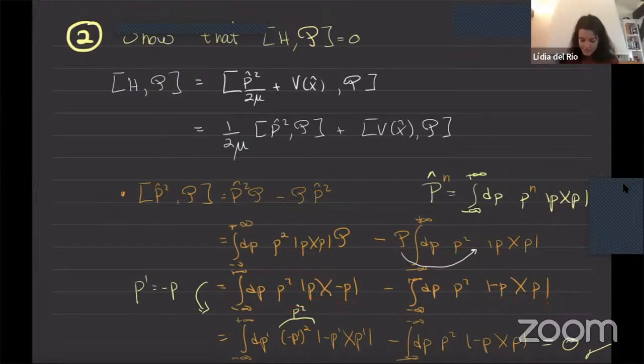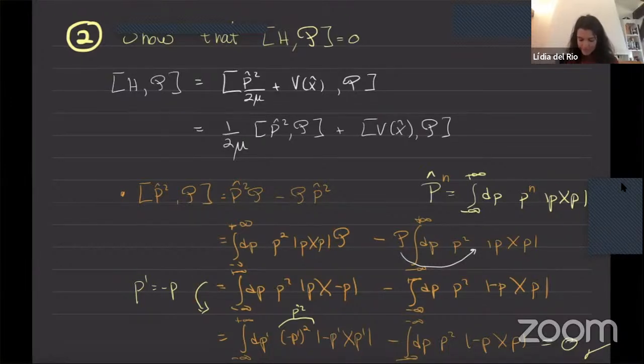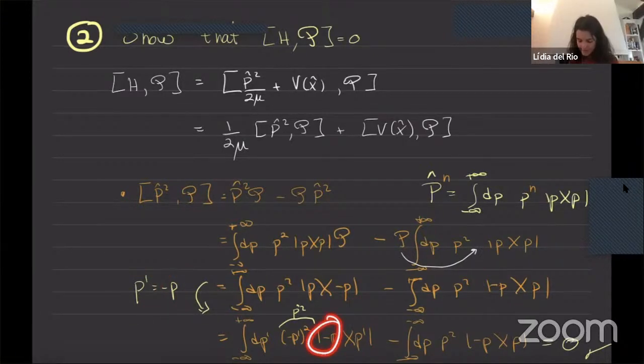So we do the same change of variable as before so that we can more directly compare the two. So we get p prime is minus p, so that here we swap them, minus p prime, p prime. And then here we have minus p prime squared. On the right, nothing changes.